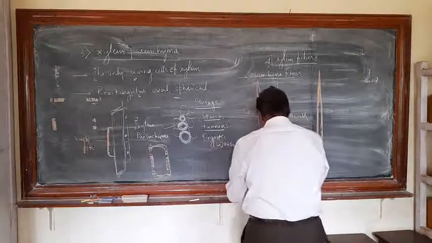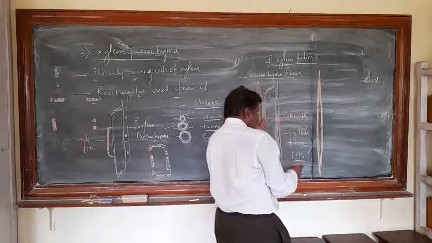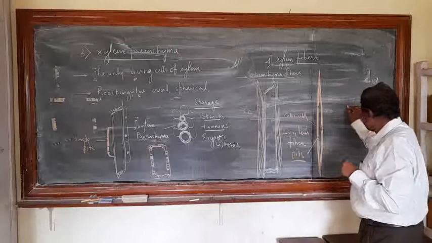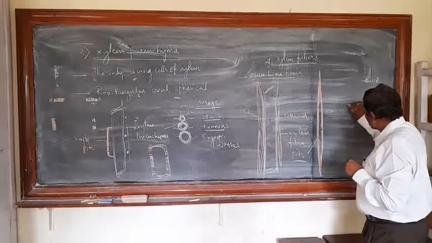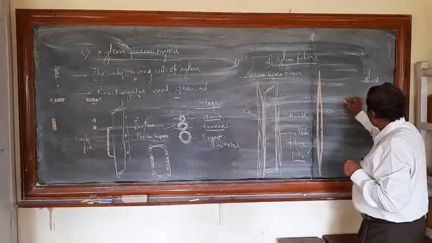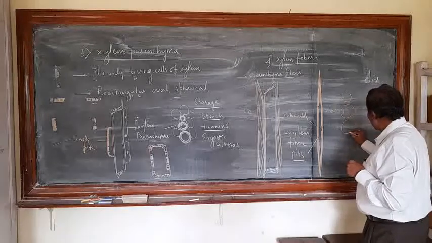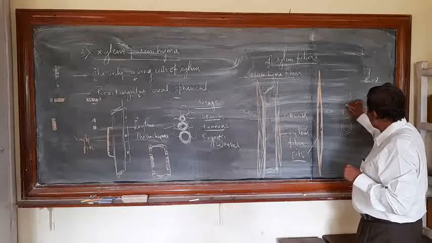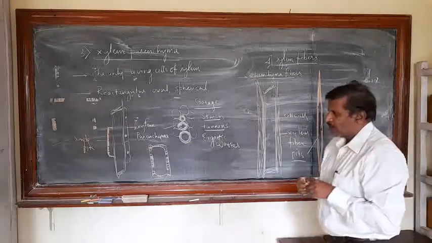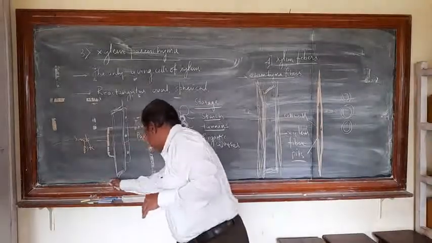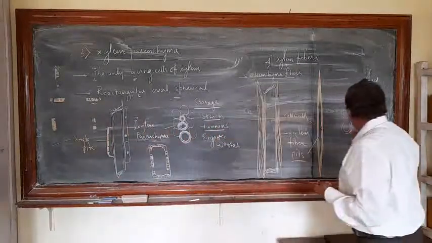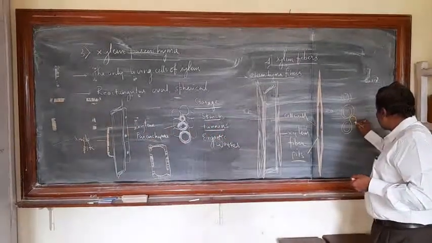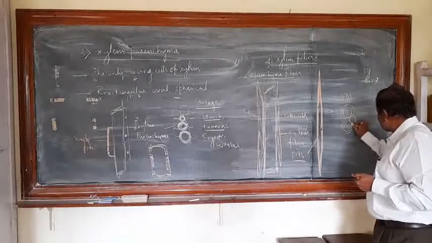Suppose you take the xylem tissue in the transverse plane, the cells that you can see like this. Okay, more or less, the vessels that you are observing are usually spherical in shape. Associated with the xylem vessel, sometimes you can see polygonal shaped, thick walled cells.